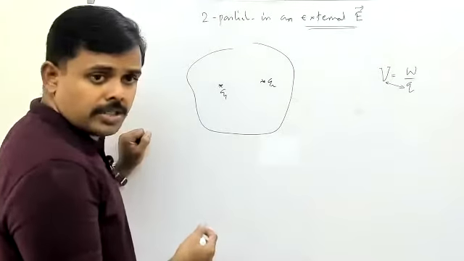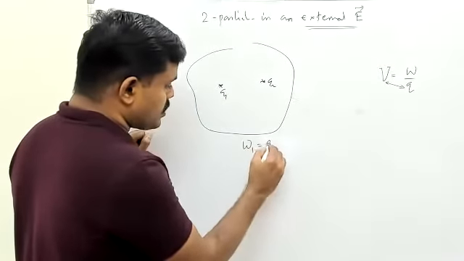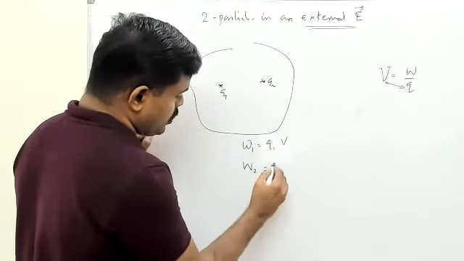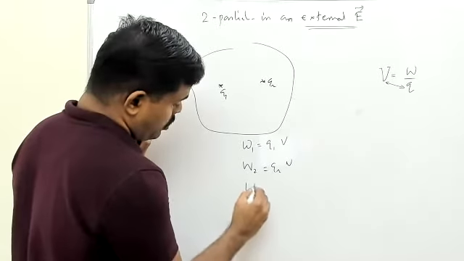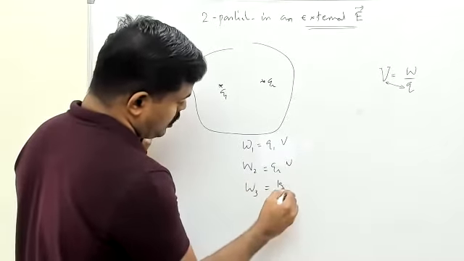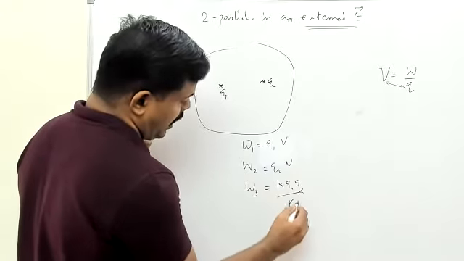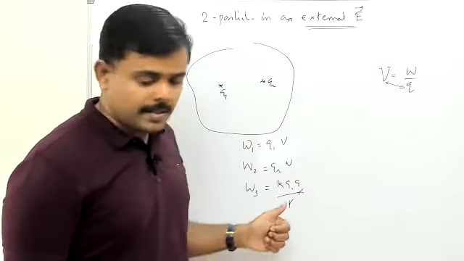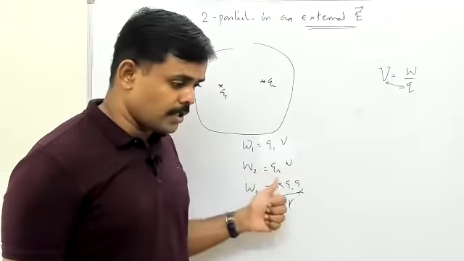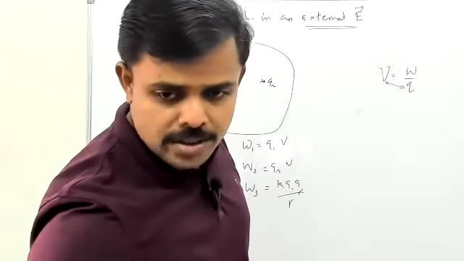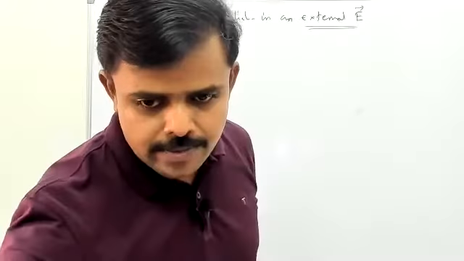So how do you write the potential energy? First one, W1 is Q1V, W2 is Q2V. So W3, between them, it is KQ1Q2 divided by R. So you have to add them up. That will give you Q1V plus Q2V plus KQ1Q2 divided by R. Did you understand what we did now?